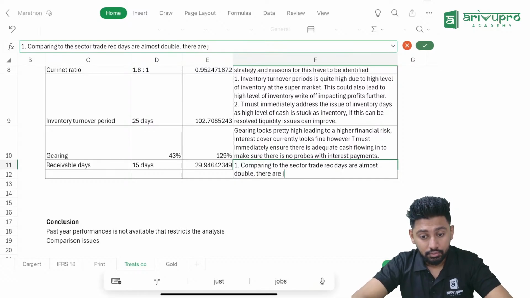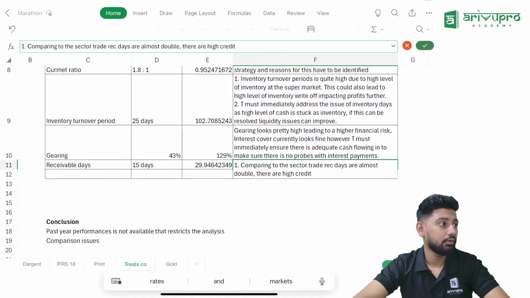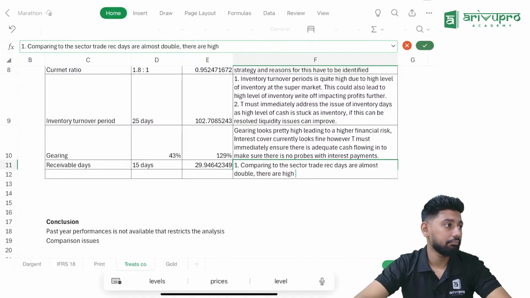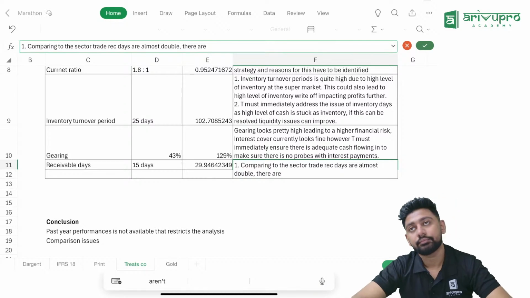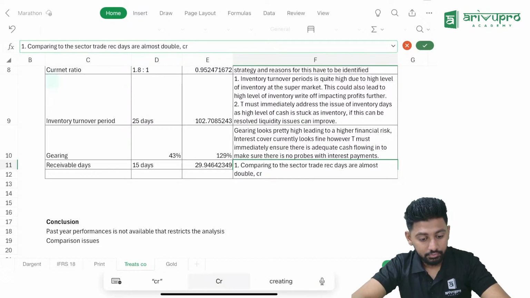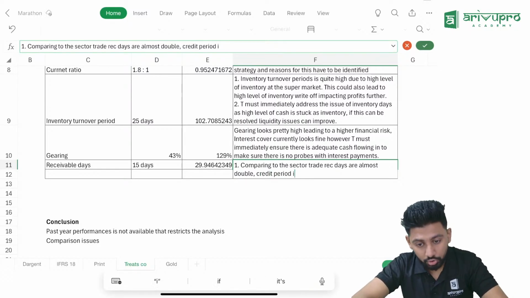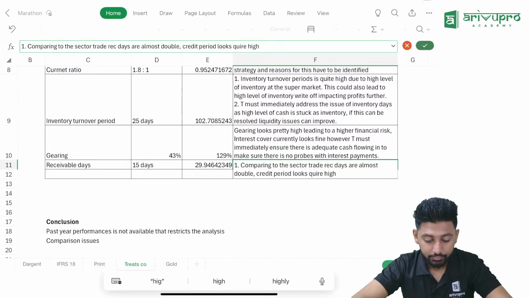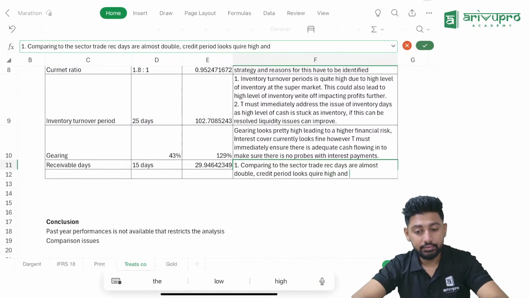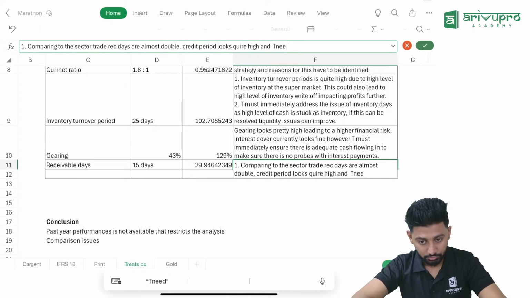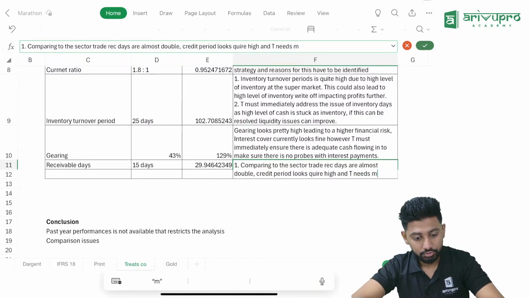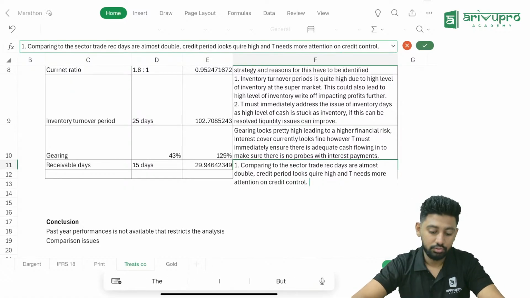There is high credit. Credit period looks quite high, and T needs more attention on credit control.